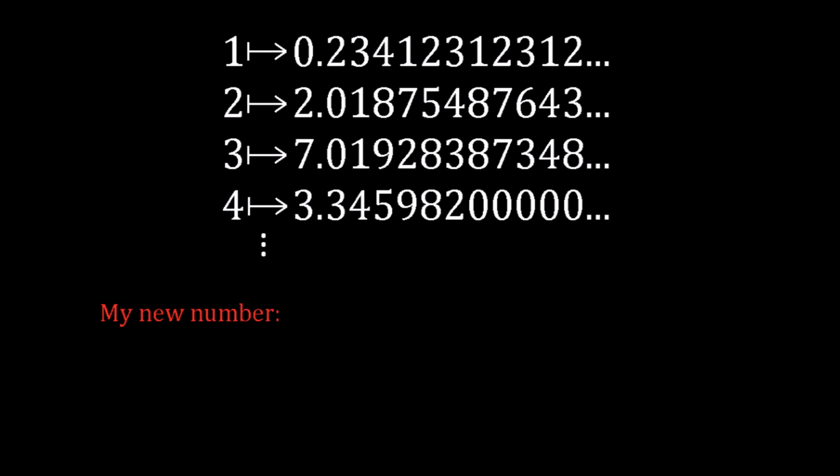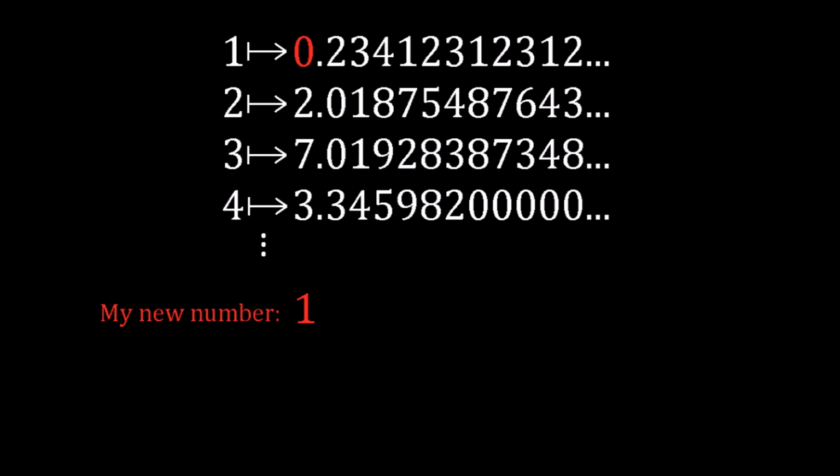If the first digit of the first number on the list is a 1, then the first digit of my number will be anything else. Let's say 2. And if it's anything else, then the first digit of my number will be a 1. So these two numbers will differ on the first digit. And so my number cannot be the first number on the list.